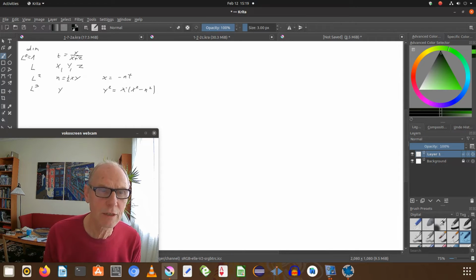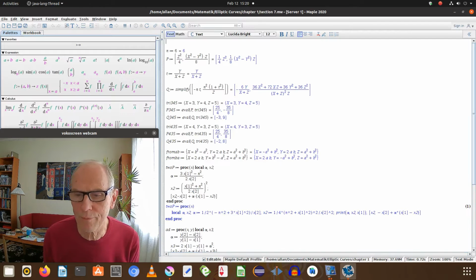So that's 2 and 4, that's 6, L to the 6th. So y squared must be L to the 6th, so y itself L to the 3rd. Now we did have a formula for y here. X is dimension 2, y dimension 3.